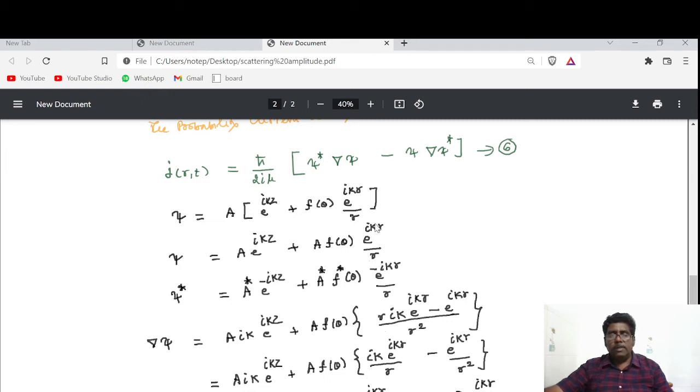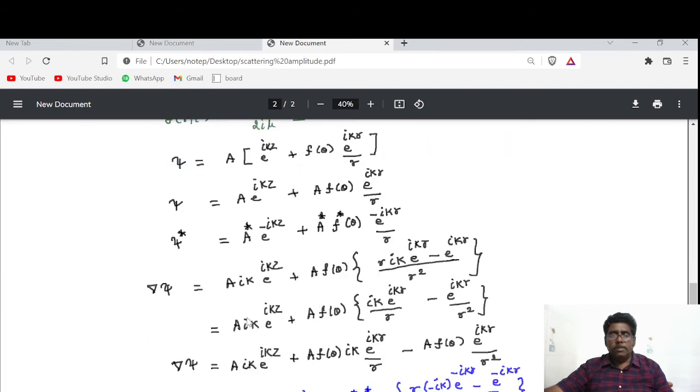Then differentiate the term available in the numerator. Differentiation of this term is e^(ikr) into ik. So ik into e^(ikr) minus the numerator term e^(ikr). Then differentiate the denominator. If you differentiate r with respect to r, the value is 1. So this is the differentiation of e^(ikr)/r.